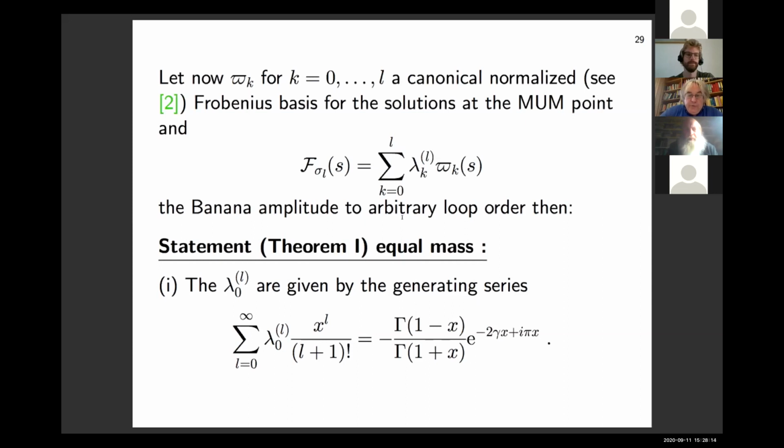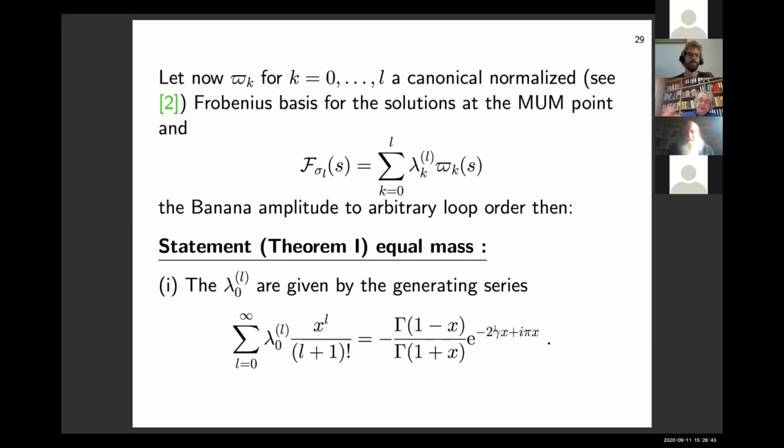So the point is that these lambdas that I have here, which tell me how I express my basis for the actual Feynman graph in these Frobenius spaces that I can quickly construct, are given by the following generating series. So basically lambda L is x to the L. I mean, this is a generating series, and here you expand the gamma functions, and this is the Euler-Mascheroni constant.